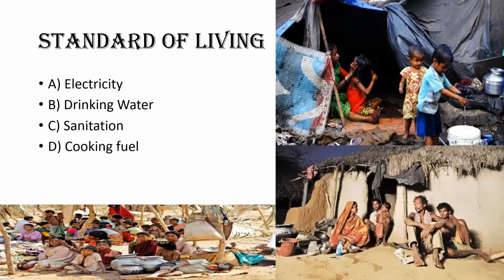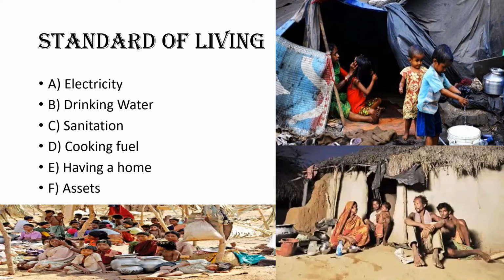Number 4, cooking fuel. A household is said to be poor if they are using conventional cooking fuel such as dung cakes, wood and charcoal as fuel. Number 5, housing. A household is said to be poor if it is dirty and plastered with mud or dung, having dung floors at their homes.